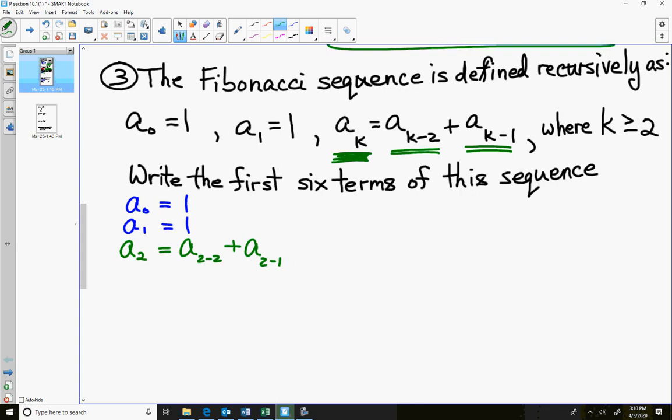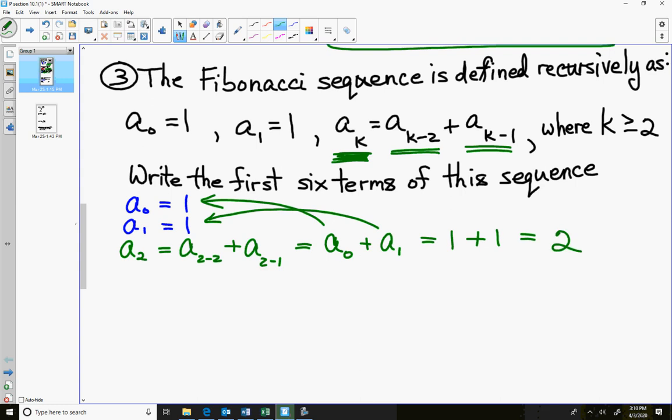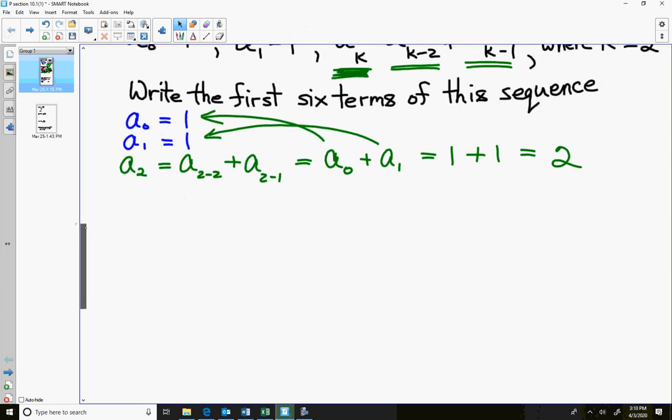Everywhere I have a K, I am plugging in a 2. Now, that becomes A subscript 0 plus A subscript 1 equals, well, what was A subscript 0? That was 1. Plus, what was A subscript 1? So the second term, A subscript 2, is 2.